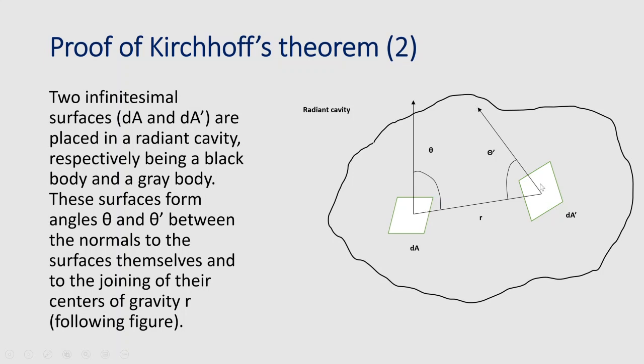The normals to the barycenters and the line r form two different angles: the angle theta for the surface dA and the angle theta 1 for the surface dA1. All right? So these are the conditions. And you see the normal here of the surface dA and the normal here to the surface dA1.